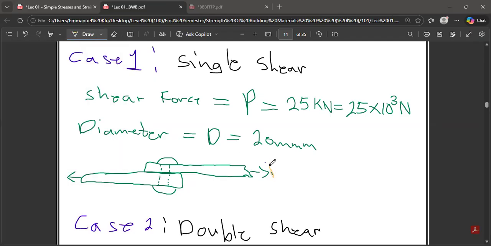So right over here, P. This is the area resisting shear here.